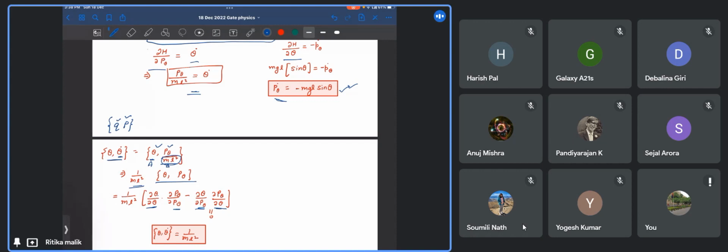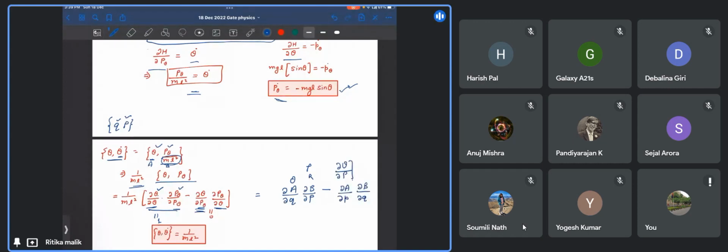So this is the definition of the Poisson bracket, that del A by del Q, del B by del P, minus del A by del P, del B by del Q. So A is theta, B is p theta. So this will become one. And now del A by del P, that means del theta by del P. Theta and P have no dependence, so this term is zero.